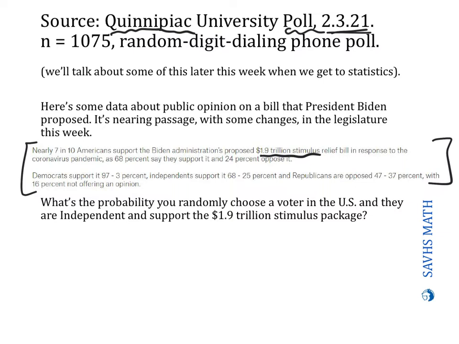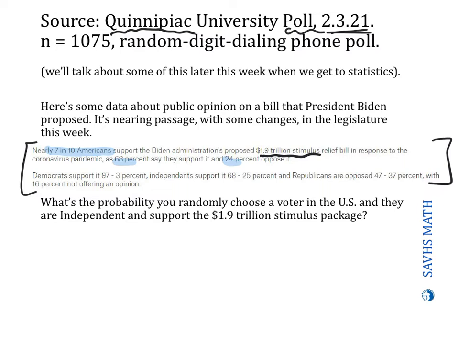So let's take a look at this. The top line, which is the main idea here, is that 68% support this plan and 24% oppose. Now that doesn't add to 100, which means that there are some people who don't really have an opinion of it. But what's important here is we also have a breakdown by political party.